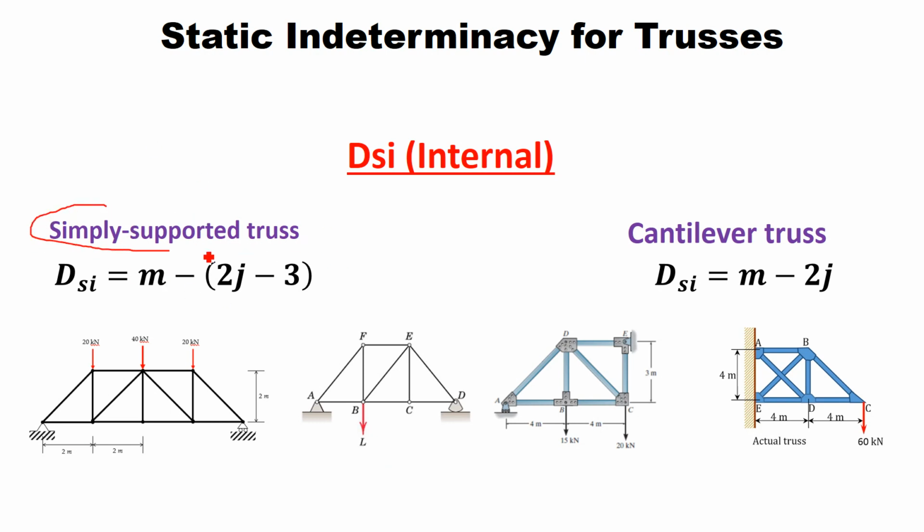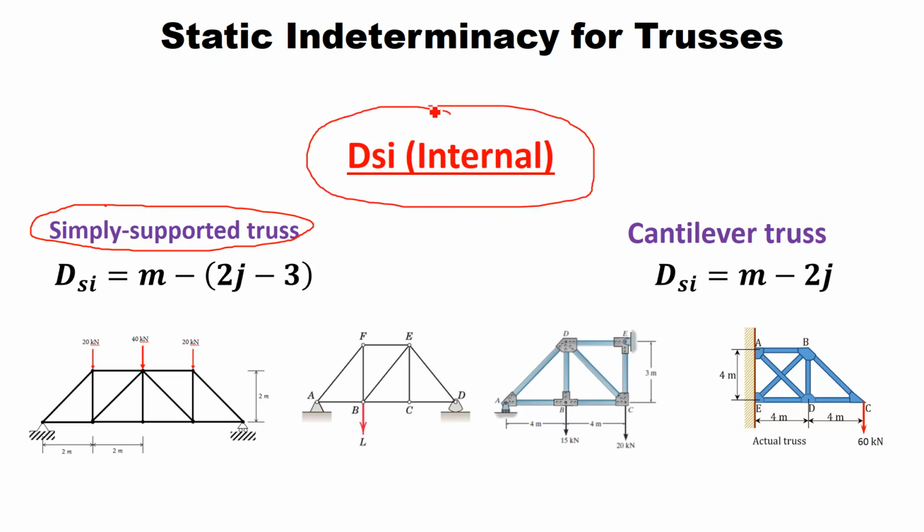For a simply supported truss, if you want to find out the degree of static indeterminacy internally, then DSI equal to M minus 2J minus 3, where M stands for number of members in the truss, J stands for number of joints in the truss. This is for a simply supported truss. If it is a cantilever truss, the formula becomes DSI equal to M minus 2J.